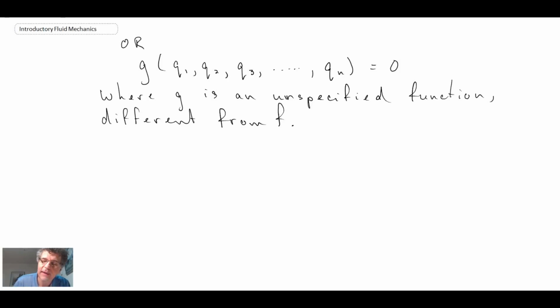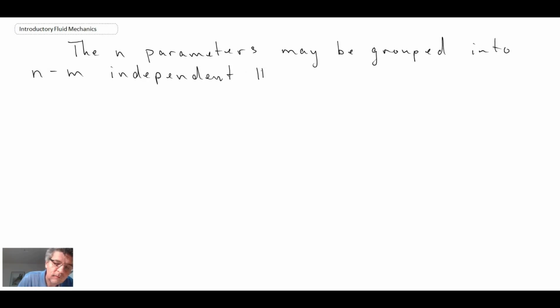Looking at the Buckingham pi theorem, what the pi theorem says is that our n parameters can be grouped into n minus m independent pi groups, where we could rewrite that function with a new function now.